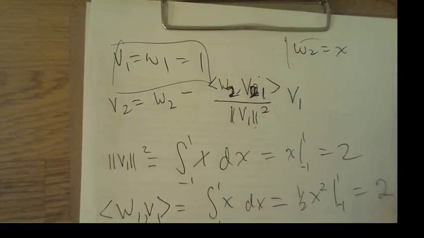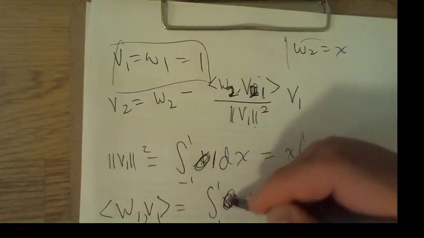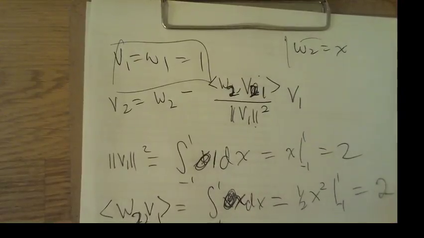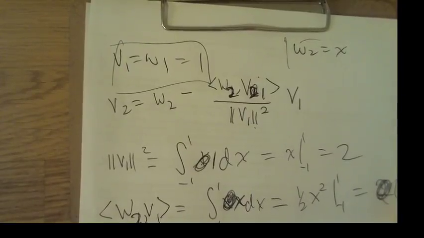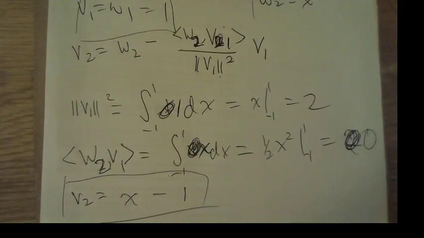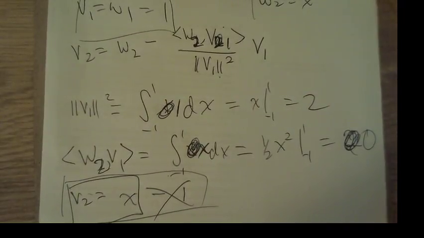So then x, and then here that should be from -1. That one's fine. Yeah, that should be 0. All right, that's what you're talking about, right? Sorry about that. Okay, so that means that V2 should be just x. All right, so now we have, so far, 1, x.